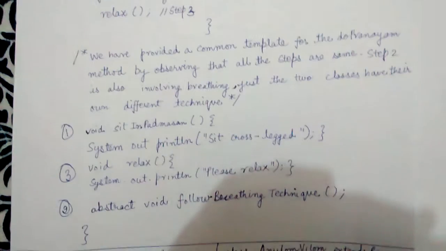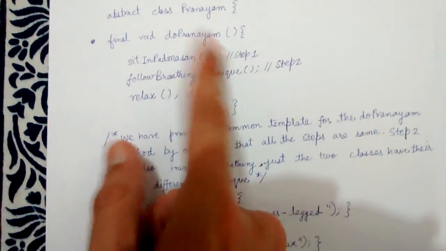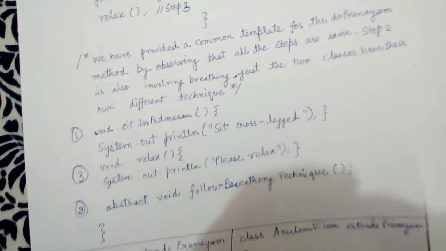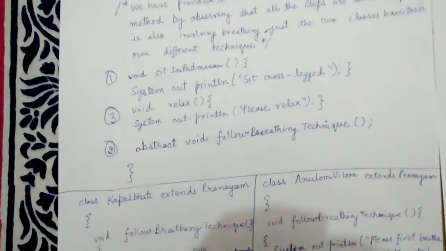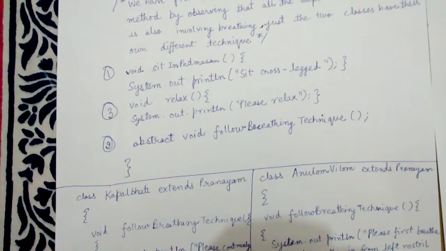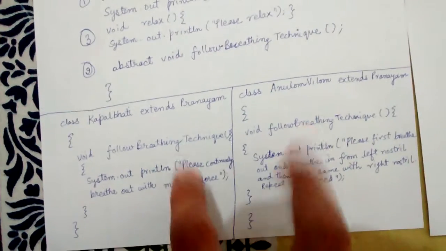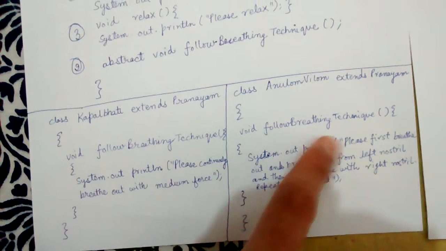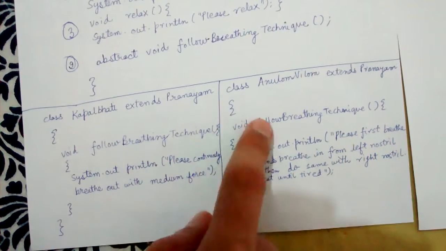So let's look at how they are doing in code. So do pranayam in pranayam, sit in Padmasana, relax, and follow breathing technique is abstract in pranayam class because in pranayam class we don't know which breathing technique we are going to follow. So in these two subclasses we are defining the following breathing technique method. So the implementation remains the same.